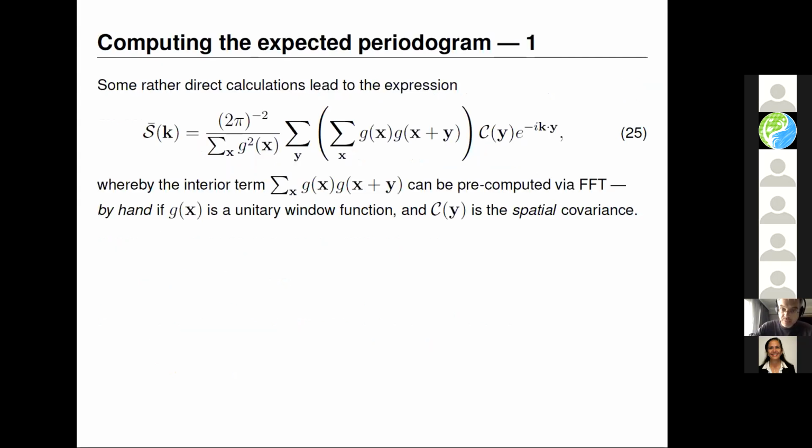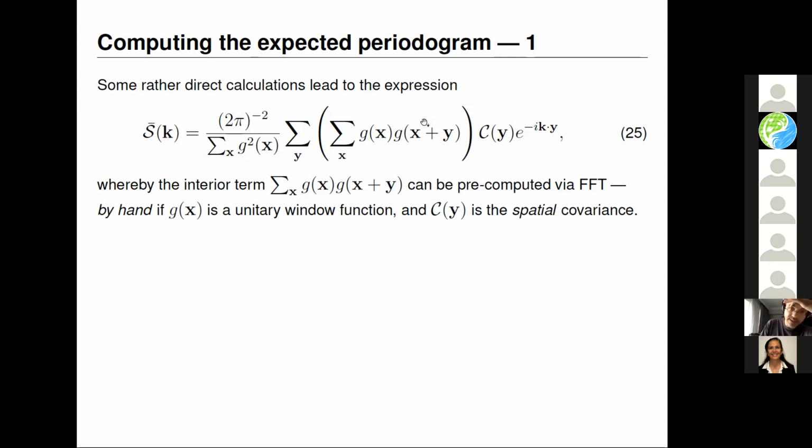How do we actually compute this? It takes a while longer in the paper, but in essence, if you do some rather direct manipulations of what I showed you before, the blurred spectral density ends up being this here. C, remember, is the spatial covariance, and G, remember, is the grid switch, the boundary selector, and the 1-0 switch on whether you have missing samples or not.